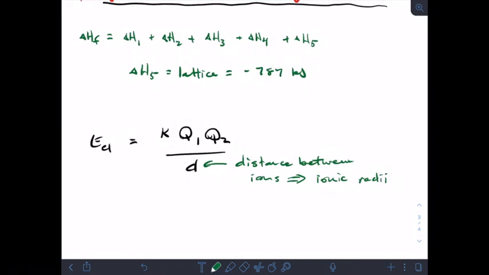Okay, so if you can imagine, if you've got a couple of really large ions, that energy is going to be smaller. Because if I have large ions, I have big ionic radii, that increases the value of the denominator, which makes the energy smaller. Q1 and Q2 are the charges of the two different ions.